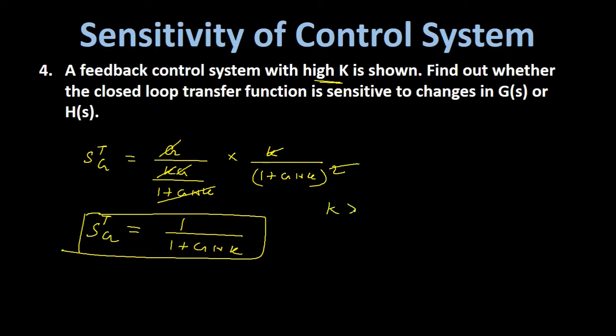So if K is very high, the sensitivity of T with respect to G will be equal to 0, because for a high value of K this is approximately 1 upon infinity, which is equal to 0.